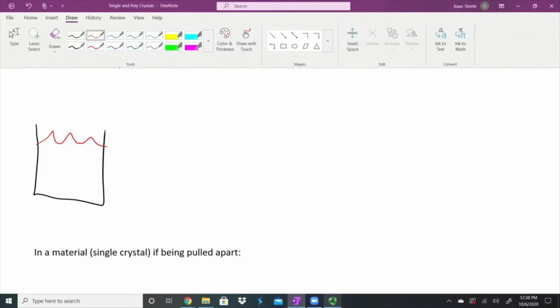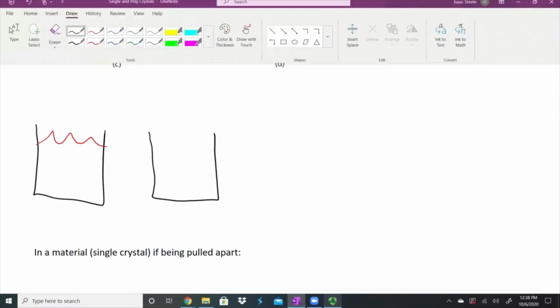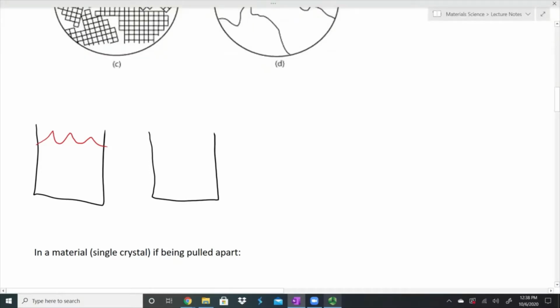What I'm going to do is I'm going to cool this. And so after some time, it's going to freeze. Because it's a pure material, I'm going to actually cool this one slowly. I cool it slowly. It's a pure material. It's going to be more likely to form a single crystal.